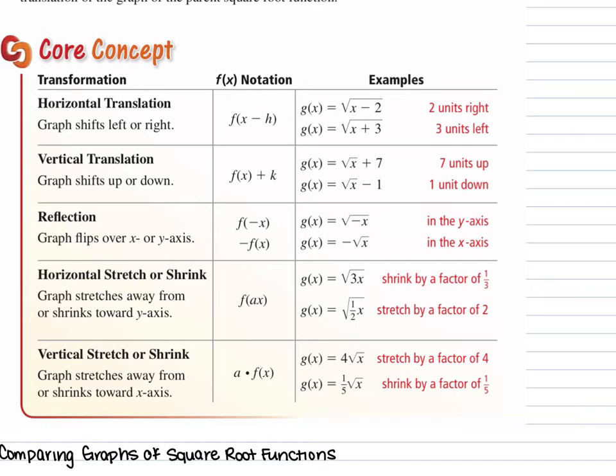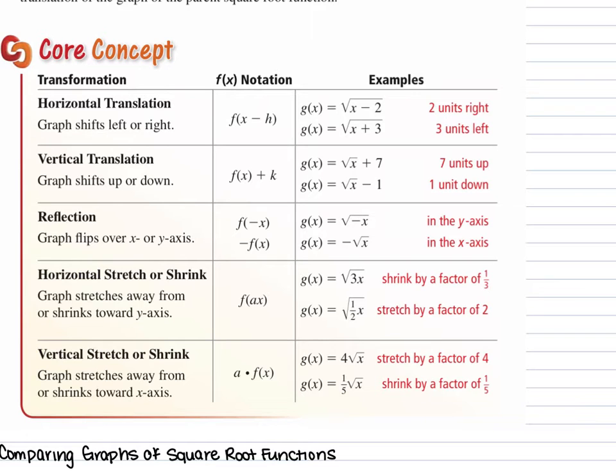Now your stretches and compressions. Your textbook likes to use this word shrink. It means compression. Please use the word compression instead. You have horizontal stretches and compressions. That is when your number is underneath the radical in front of x. It's the coefficient of x. You are going to take the reciprocal of these numbers.